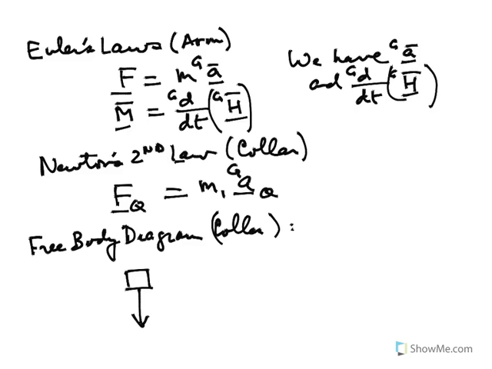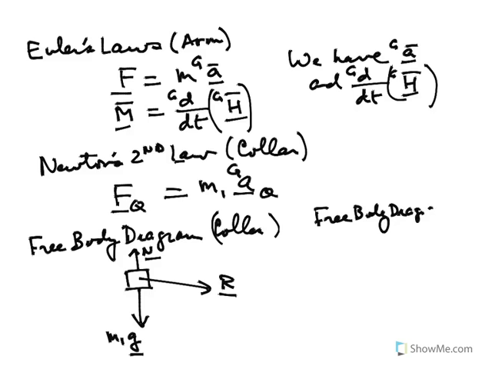We have m1g. We have a normal force due to the track. And then we have a reaction force, R. Now, if I do the same thing for the arm, so let's draw it over here, free body diagram. In this case, it's the arm.